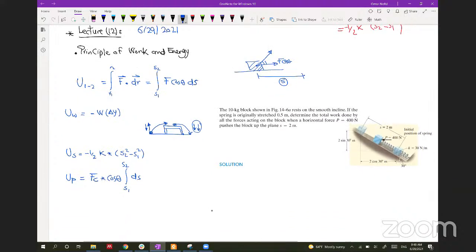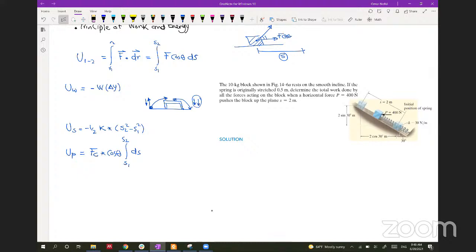And let's solve this example. For this example, we have a 10 kilogram block resting on a smooth incline, and the spring is originally stretched at 0.5 meter.